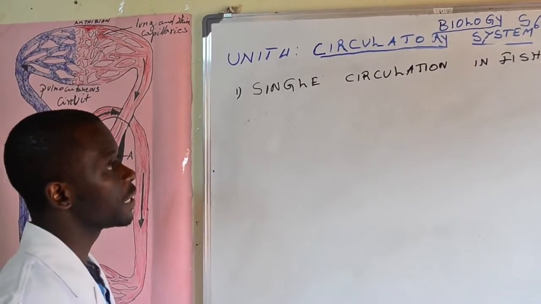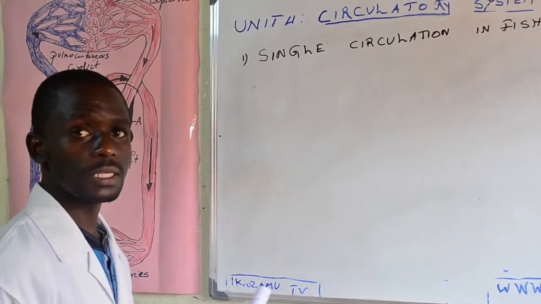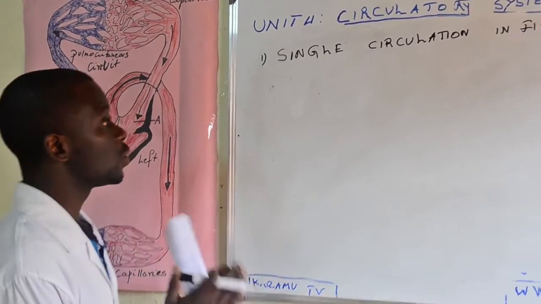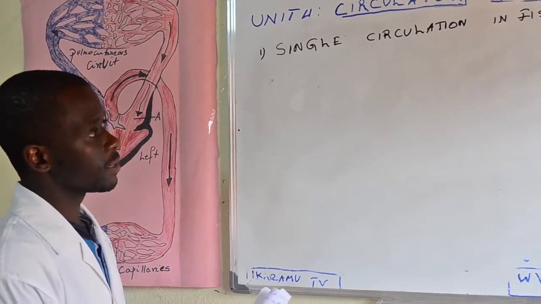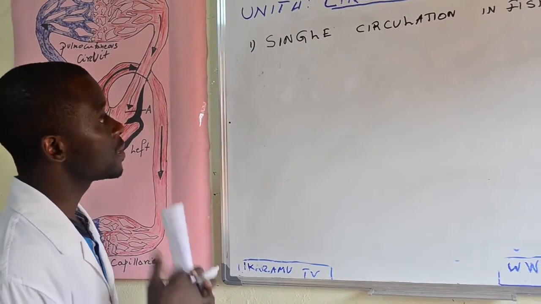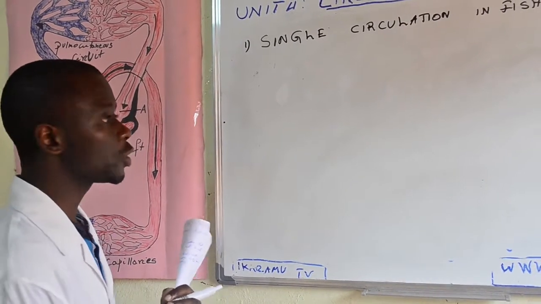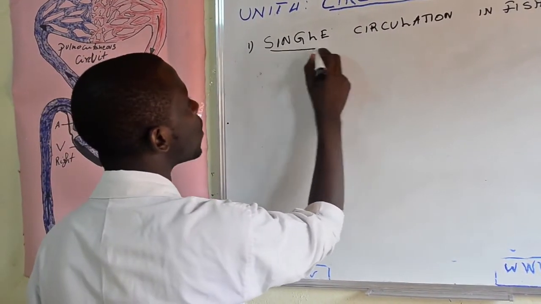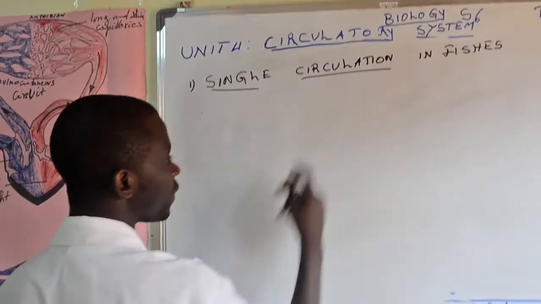The single circulation in fishes is what we are going to describe first.